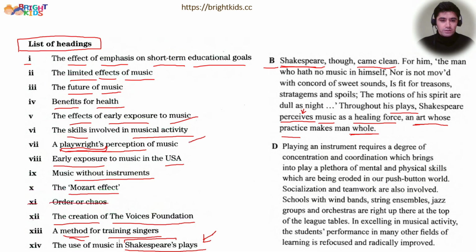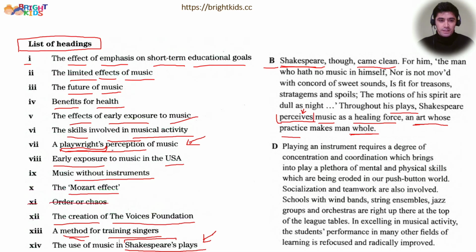Now let's go back to this one, paragraph 7. It says a playwright's perception of music. Now here the word perception can actually replace the word perceive here, right? Perceive is the verb form of perception.